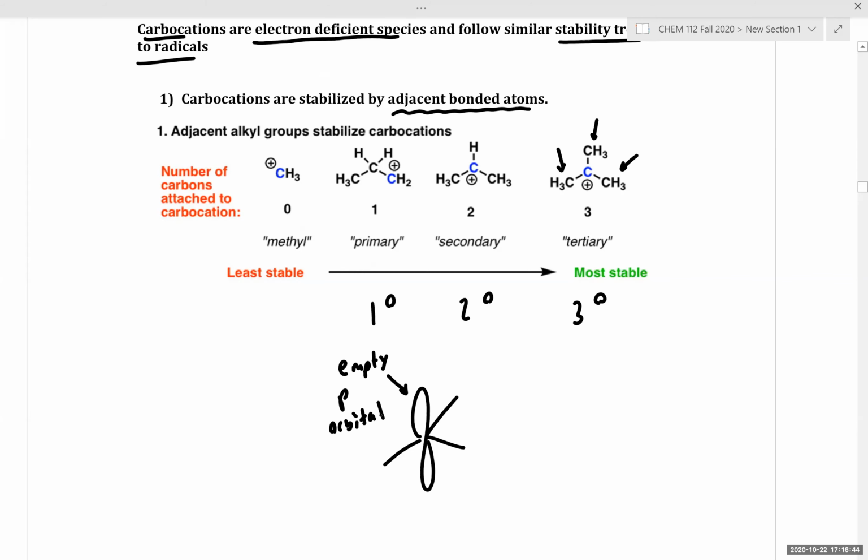What effect have we observed previously when we have adjacent bonded atoms present directly adjacent to an empty p orbital? What effect would help explain this trend? What effect did we talk about last class session relating to substitution?